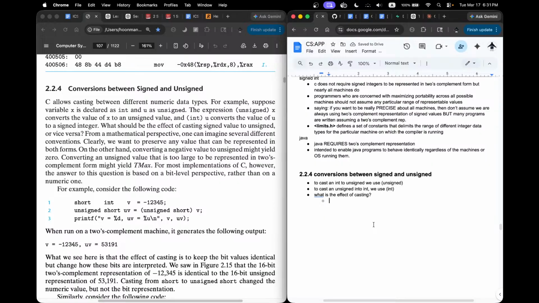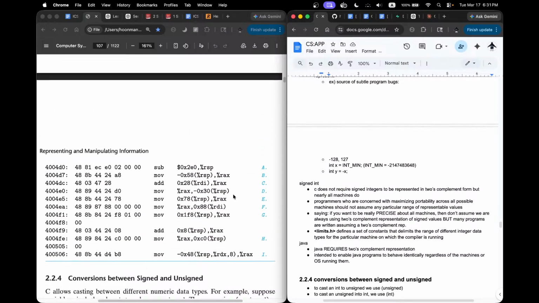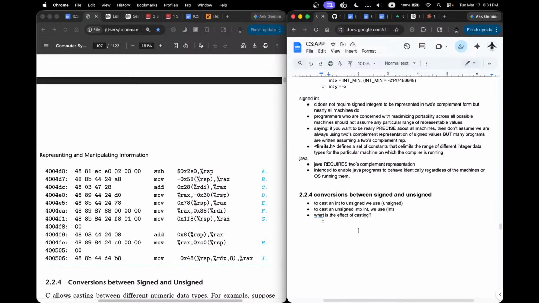Well, I'm not reading this, by the way. Let's try to guess first. I think that's a pretty critical thinking skill. So when you cast an int to an unsigned, there are two cases, I think.